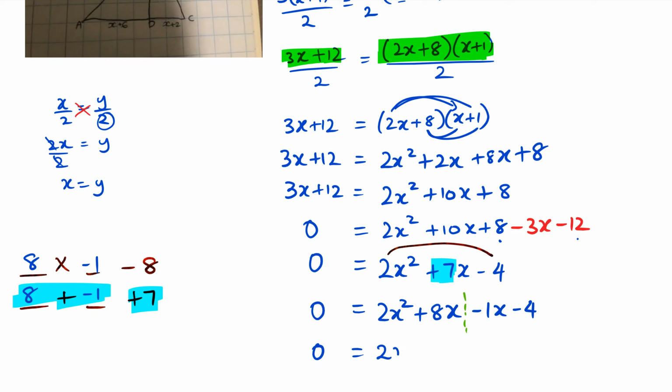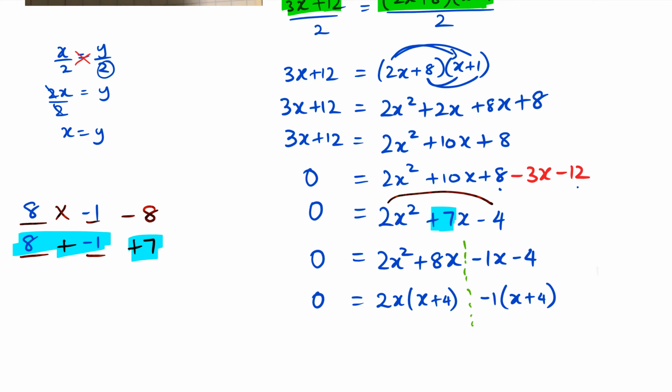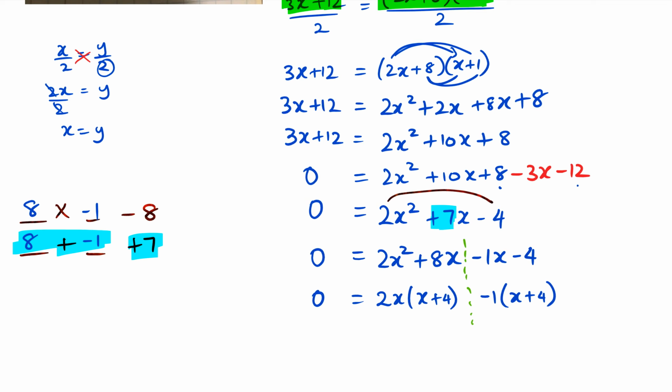We've got 2x as a common factor, which gives x plus 4. Then looking at the right hand side of that green line, we've got negative 1 as a common factor, and we get x plus 4. Now x plus 4 is a common factor, so 0 is equal to x plus 4 multiplied by 2x minus 1.